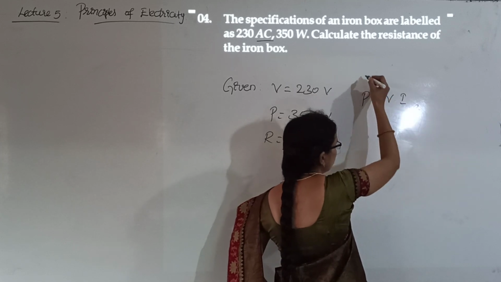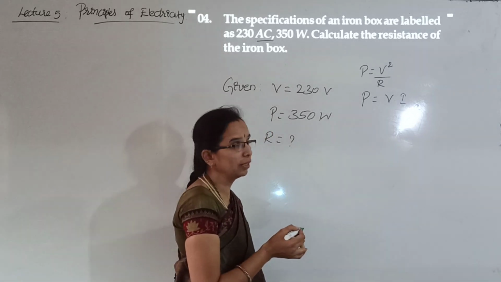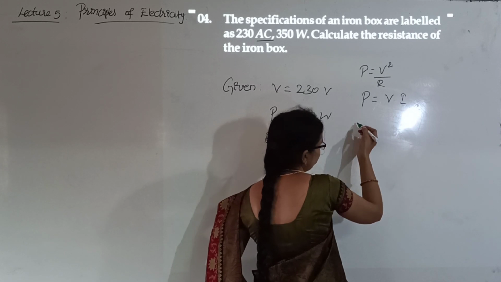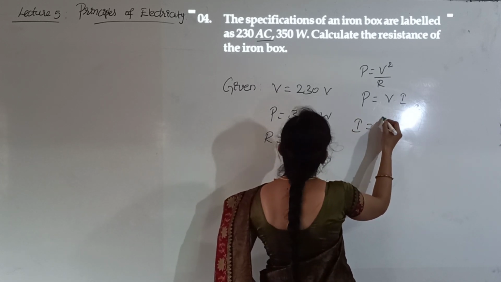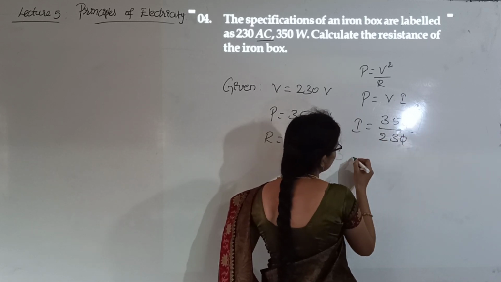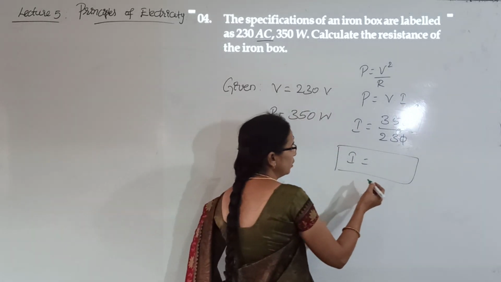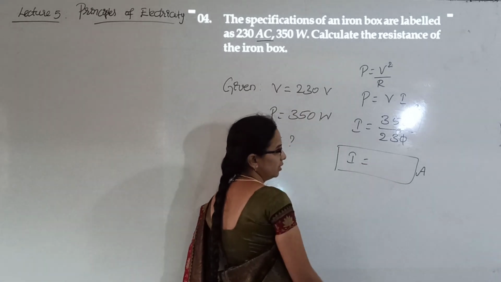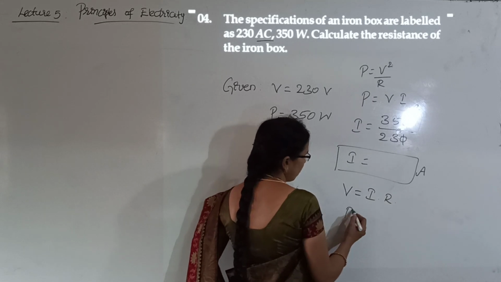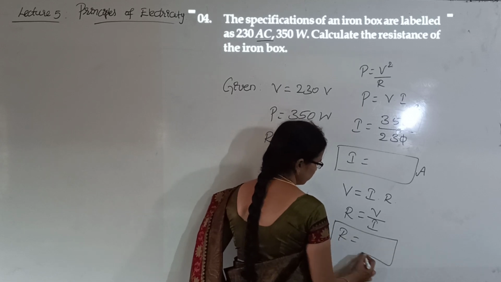You can also use the formula P is equal to V square by R, but squaring and all will bring complications, so better to calculate current first. So I is equal to 350 watt divided by 230 volt, and you get a value of current. Once you get the value of current, write that in the box and then calculate. V is equal to IR, R is equal to V by I, you get the value of resistance.